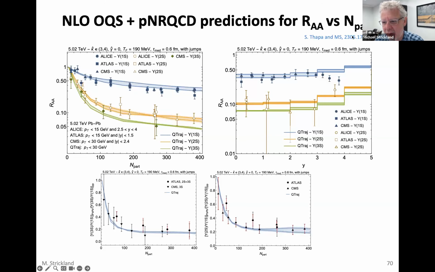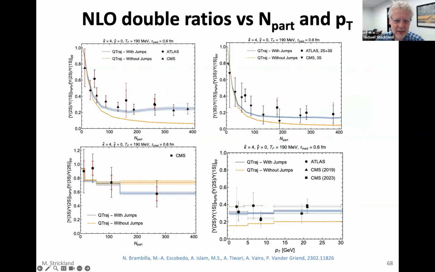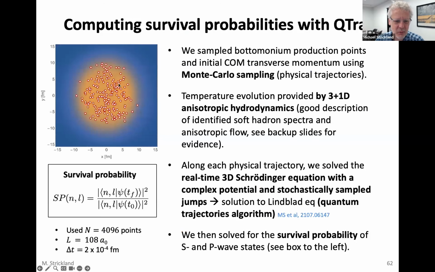Since then, in May of this year, together with a student here at Kent State University, we went one step further. In this paper from February, we were only sampling the transverse momentum, but there's another dimension in heavy ion collisions, the rapidity direction, which is coming out of this slide.